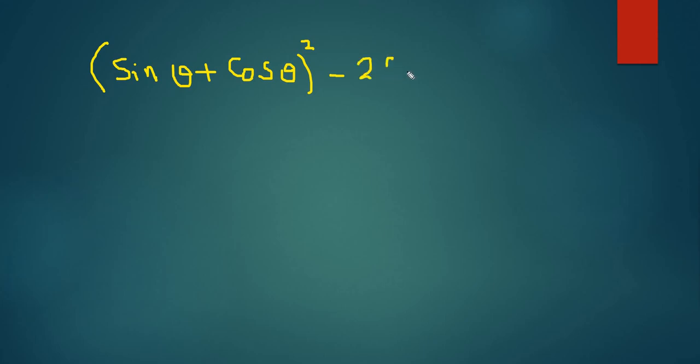In this case, sine theta plus cosine theta all power 2 minus 2 sine theta cosine theta.